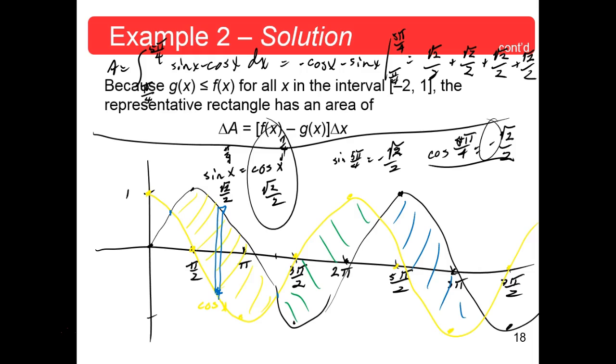So what does that add up to? Four root 2 over 2, which is 2 root 2. Okay, that's what I think it is.